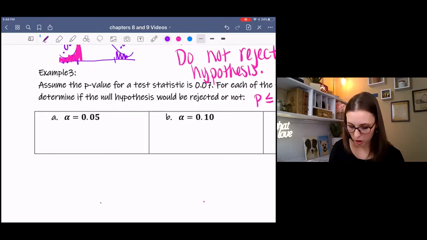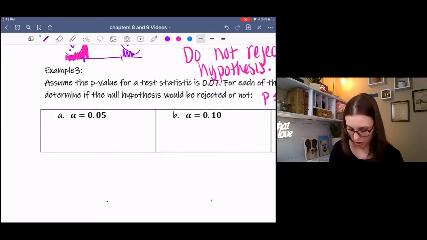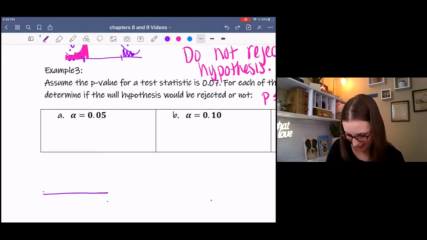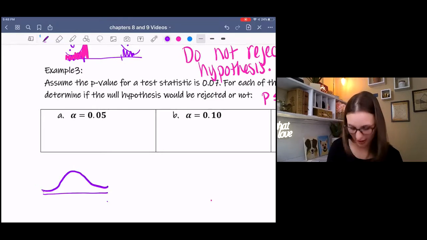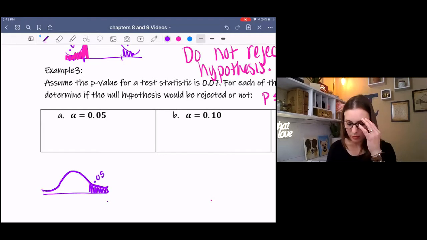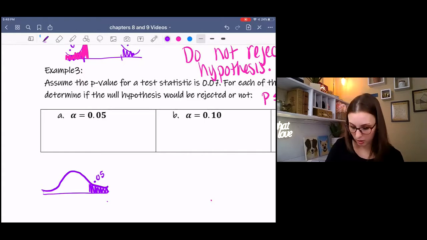On the first one, if you wanted to draw a picture, you could. It kind of helps a little bit. I'm just going to pretend that it is right-tailed. Okay, good enough. Our alpha level is 0.05, and our p-value is 0.07, which is actually past an area of 0.05.